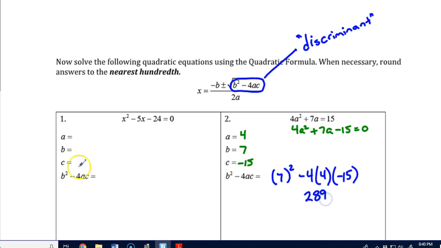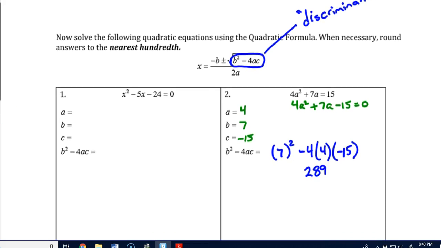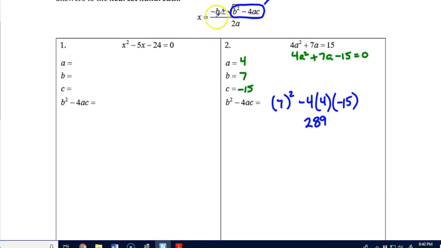That's not bad, because now we know the part that appears under the square root in the quadratic formula. So one more time, our quadratic formula song, just to get it stuck in your head: x equals opposite b plus or minus square root of b squared minus 4ac all over 2a. Now we can work that out.